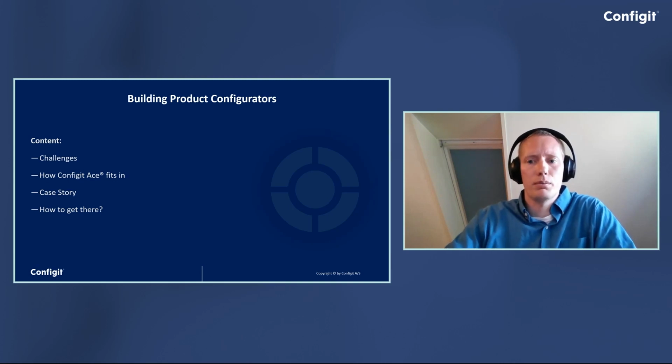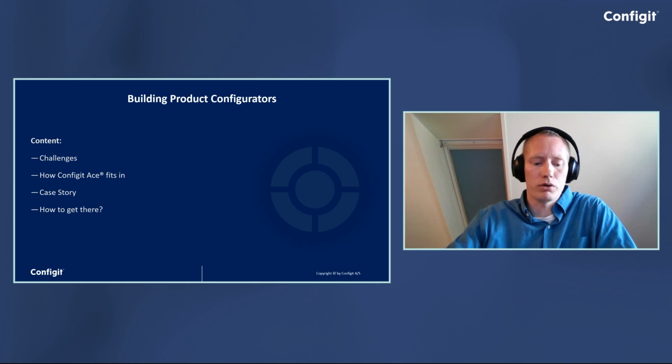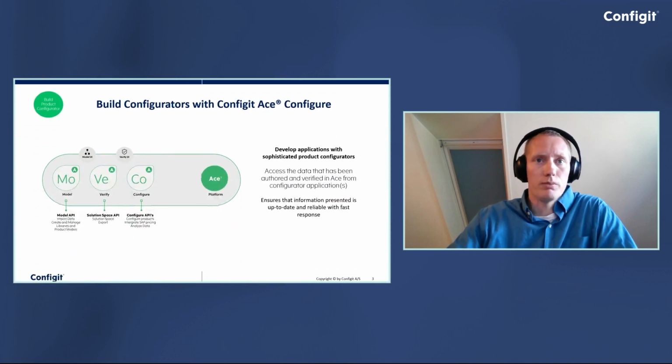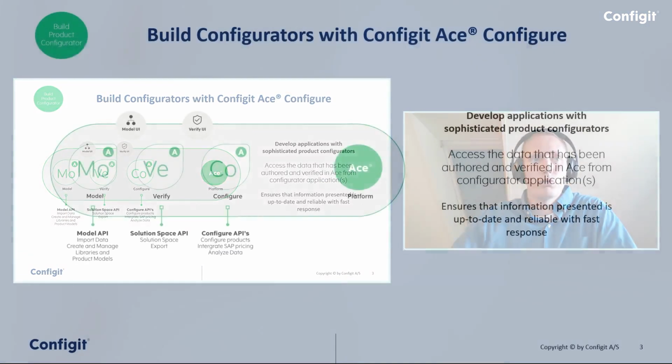First, the challenges that occur when you're building product configurators and exposing these to your users, and how ACE helps you mitigate these challenges and solve the problems. Then a case story about how one of our customers has done it, and then some advice on how you can actually get there and what you should be aware of when you're building your own configurators.